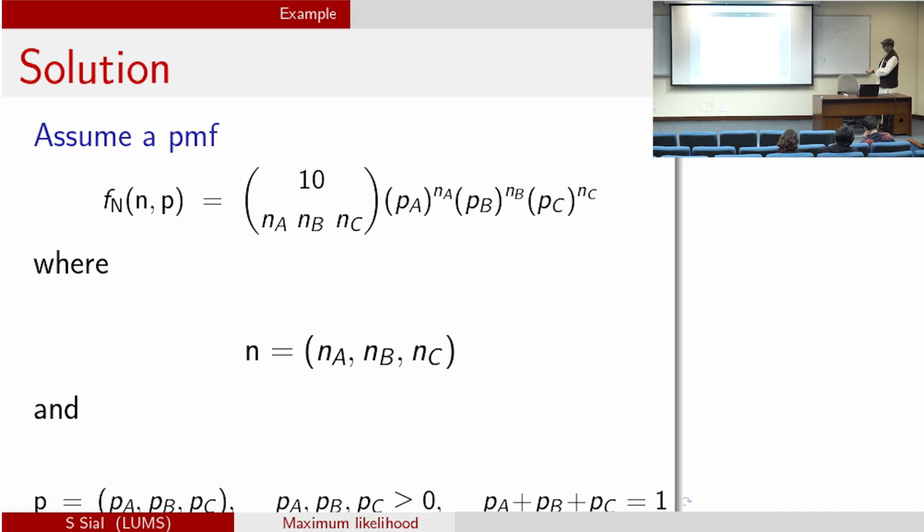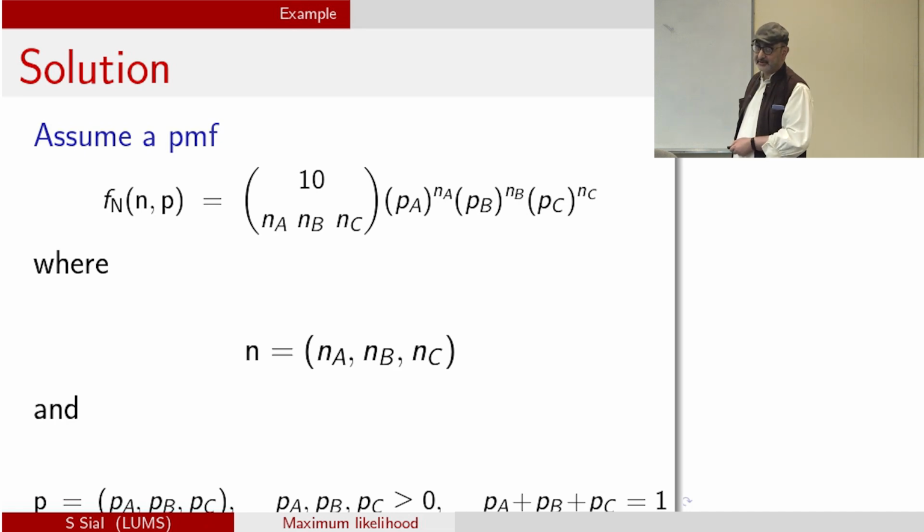So the vector n has these three entries. The vector p has entries p sub A, p sub B, p sub C. And I have to have that n sub A plus n sub B plus n sub C is equal to 10. And I have to have that the probabilities p sub A, p sub B, and p sub C must sum to 1.